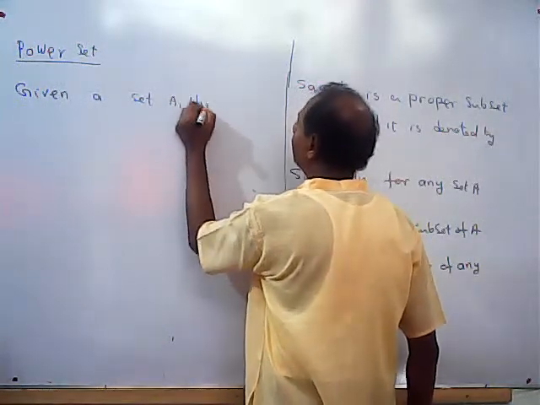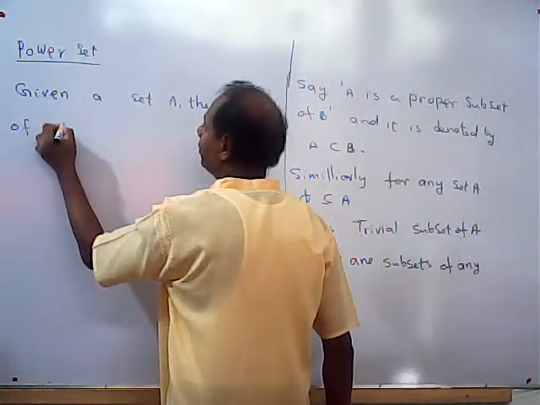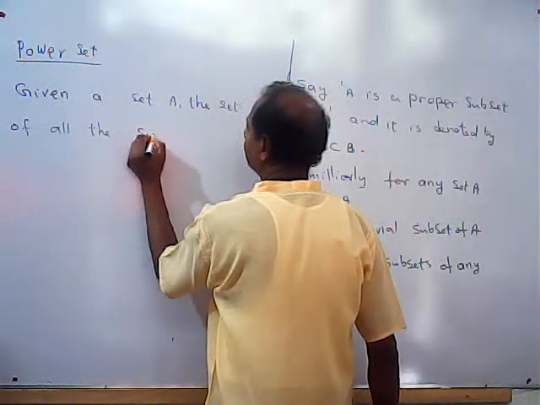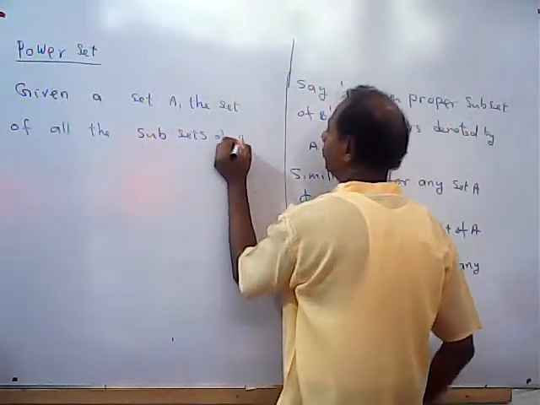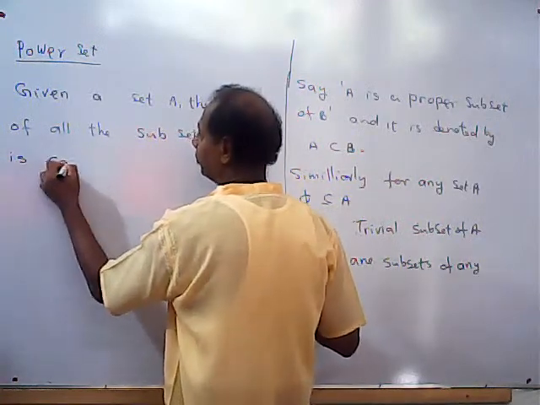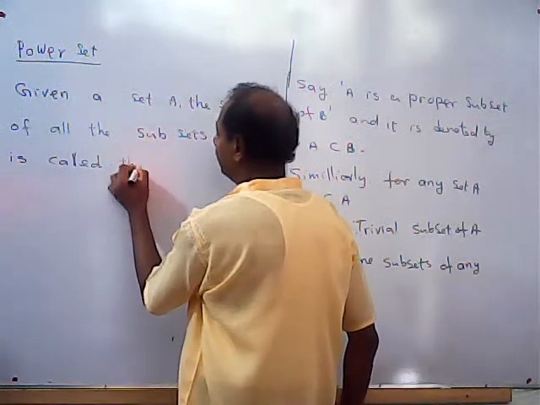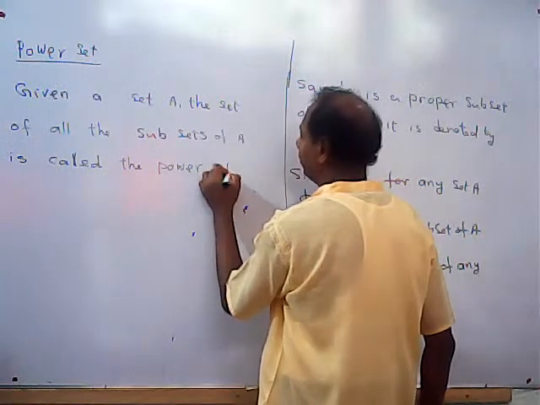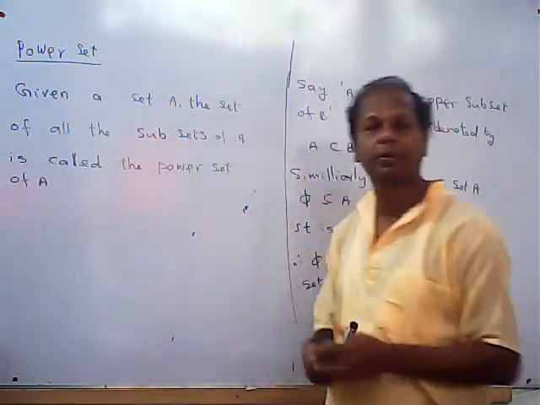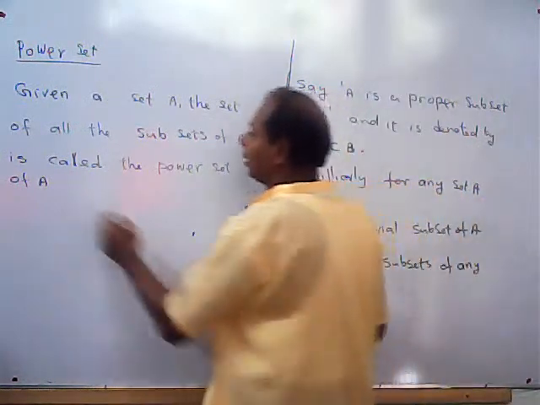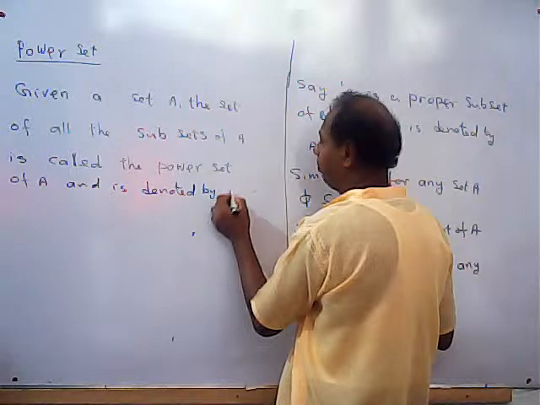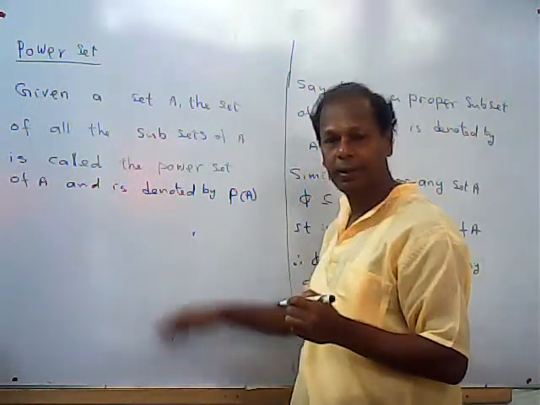The set of all the subsets of A is called the power set of A. There is a notation for the power set, and it is denoted by P(A), power set of A, right?